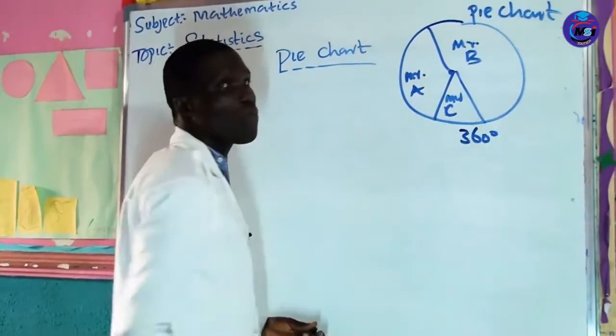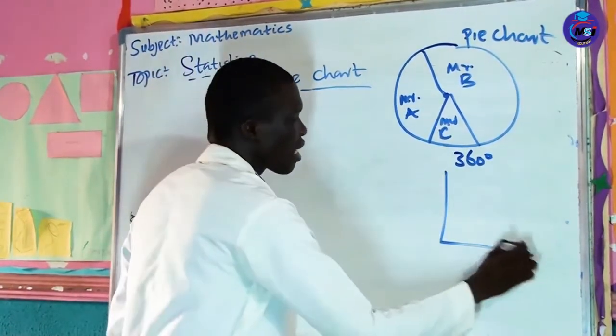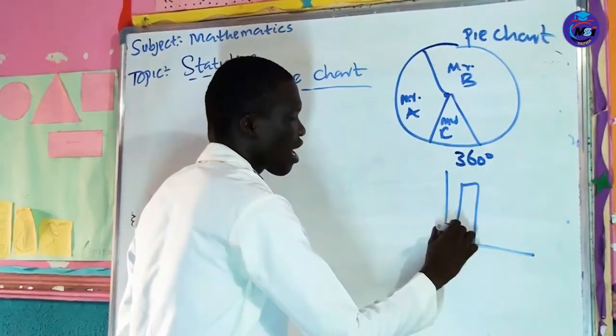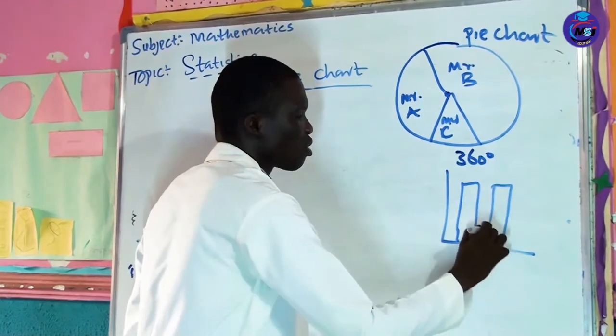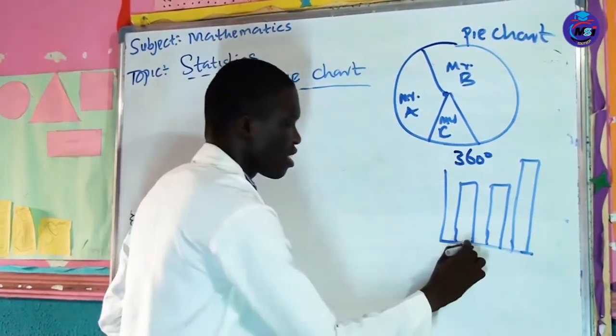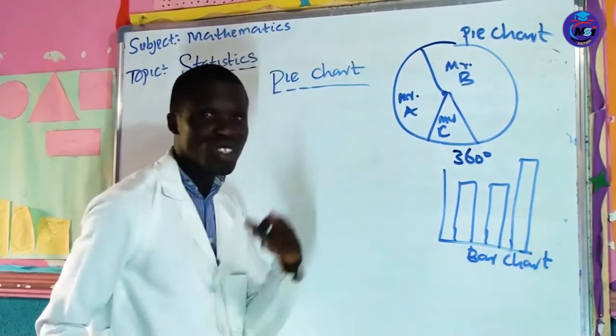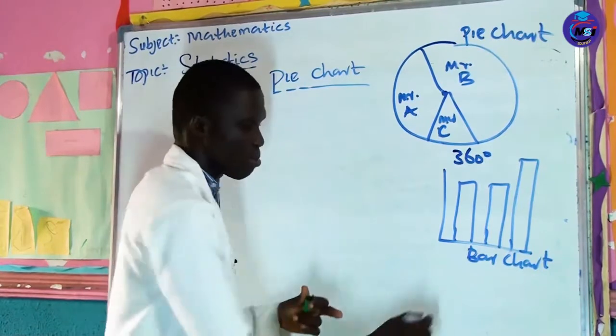It's different from bar chart. Bar chart is where you draw something like this. This is bar chart. And it's also different from histogram.